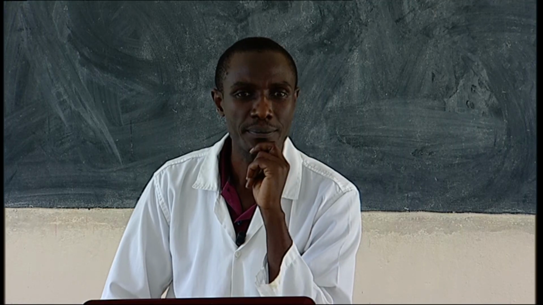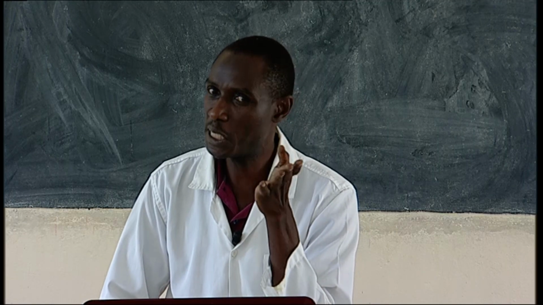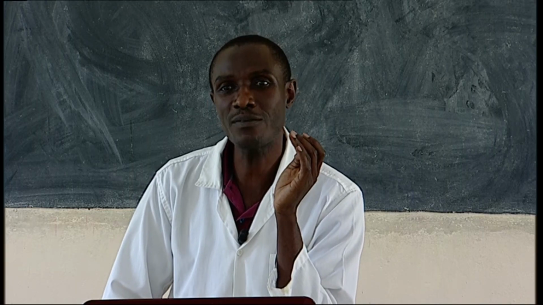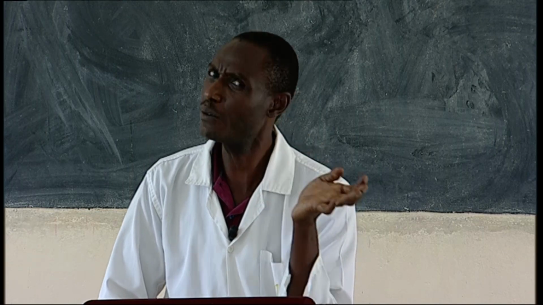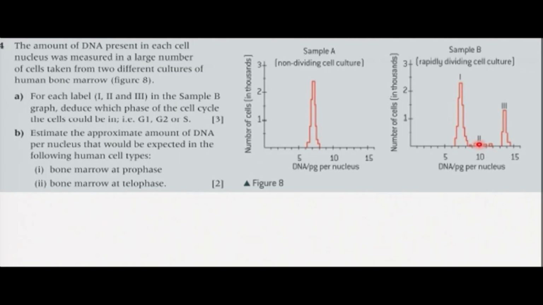All right, that's yours. So the figure is there. Look at the height of the graphs, this and that. Why do they look the same? And then we now have 2 and then 3. What exactly has happened? So if they tell us to make an estimate, they are saying human cells.